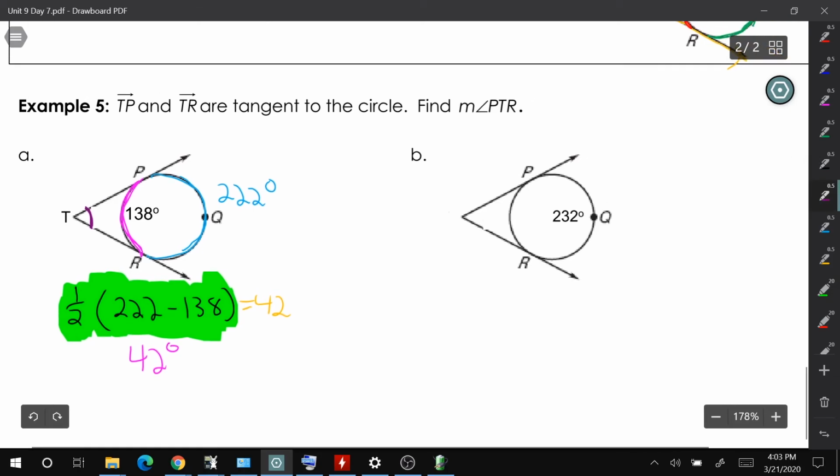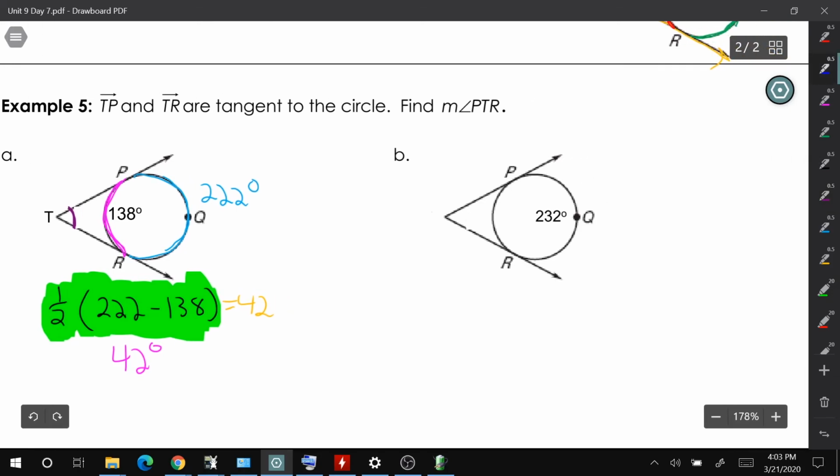Right now, letter B. Okay, this part is 232 degrees. This part's got to be 360 minus 232. So I get 128 degrees.